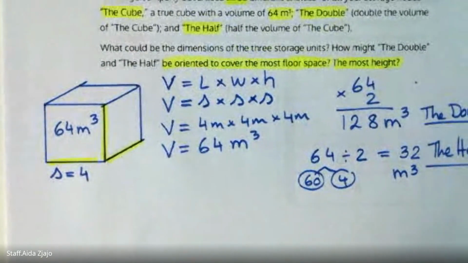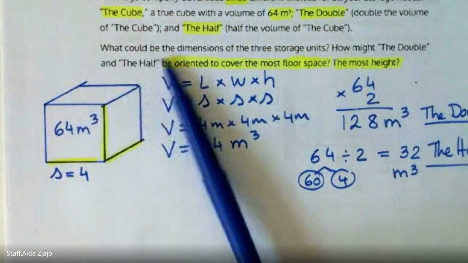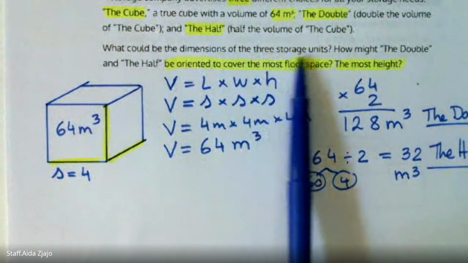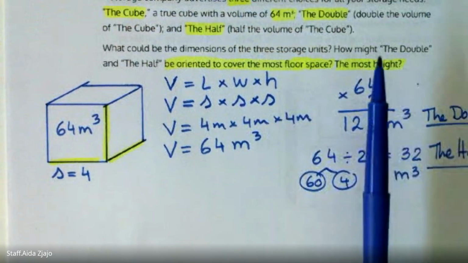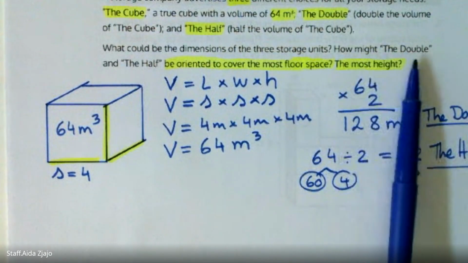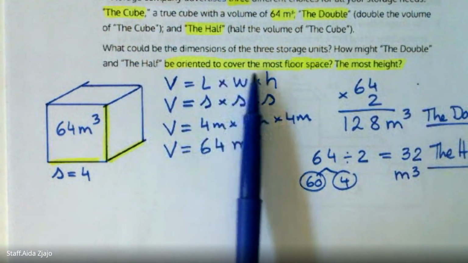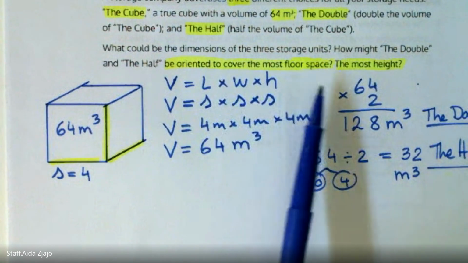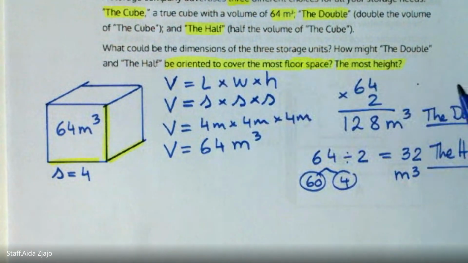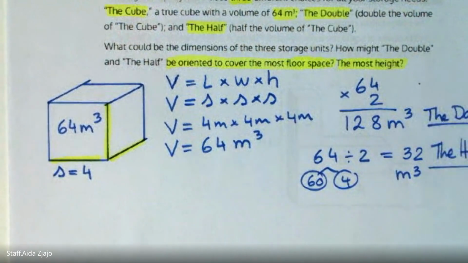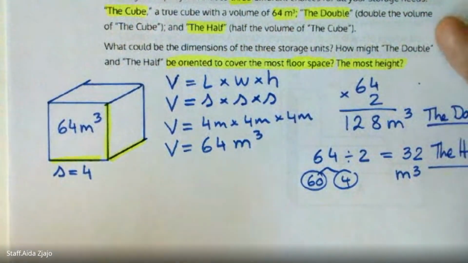So now they said, what could be the dimensions of the three storage units? And how might the double and the half be oriented to cover the most floor space, the most height. So there are different possibilities.